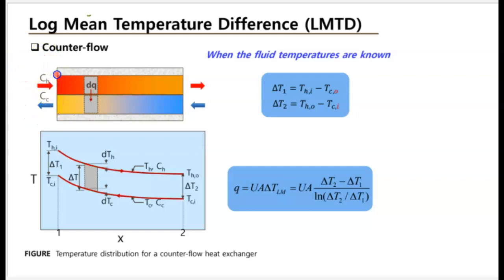So I got the temperature of the hot at the inlet and the temperature of the cold at the outlet, because this is the outlet of the cold. Now on this side, delta T2: temperature of the hot at the outlet, temperature of the cold at the inlet. That will give me delta T2.